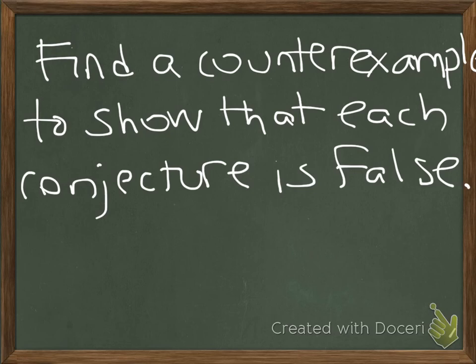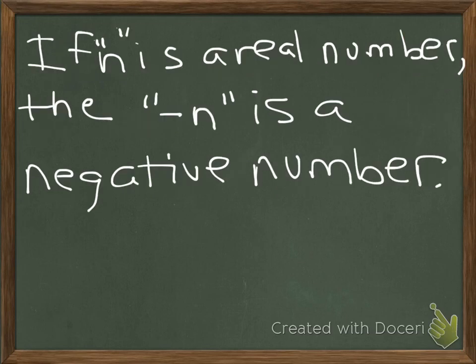And the last example is talking about a counterexample. They'd give you a statement, a conjecture, and you need to basically prove that that conjecture is false by giving me a counterexample. So this is saying that n is a real number, so negative n has to be a negative number. But a real number does include negatives.